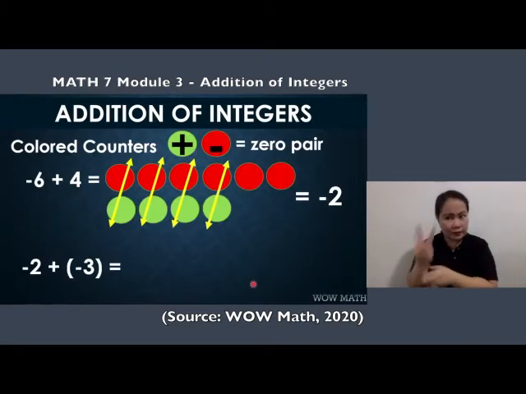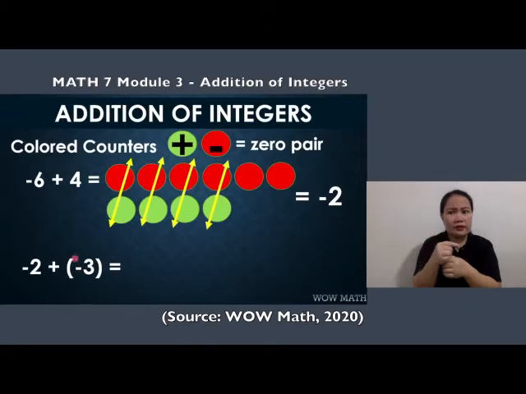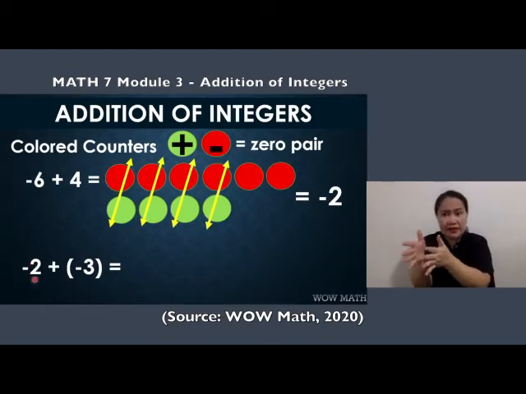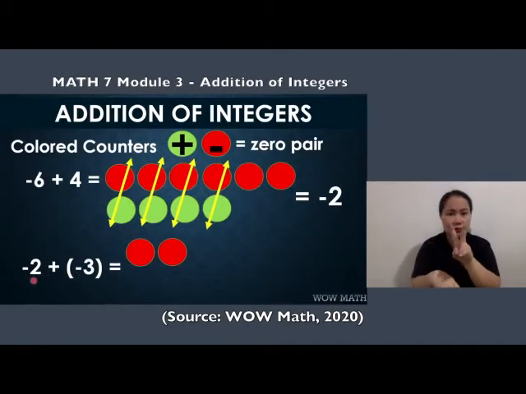Next. Negative 2 plus negative 3. So, ito na naman. So, since negative ito, i-enclose natin siya sa parenthesis. Now, bakit ito wala na siyang parenthesis? So, ito actually, pwede mo siyang lagyan ng parenthesis. But since wala namang operation dito, okay na na ganyan na lang siya. So, negative 2 plus negative 3. So, let us represent negative 2. So, dalawang red.